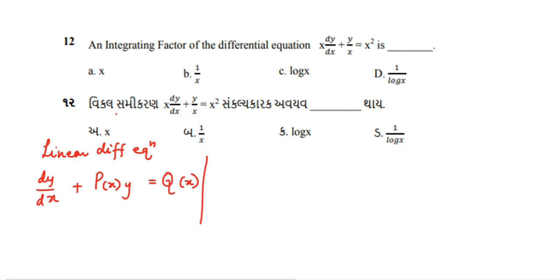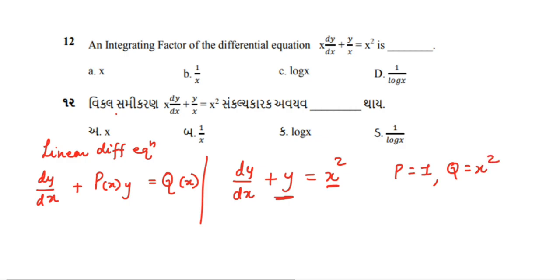For example, I have written dy by dx plus y is equal to x square. Then I compare this as P and this as Q. So here P is equal to 1 and Q is equal to x square.